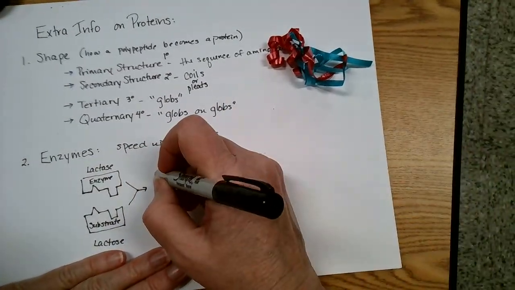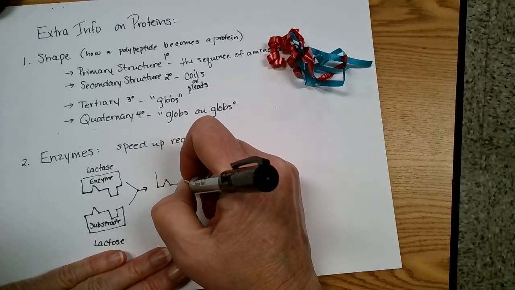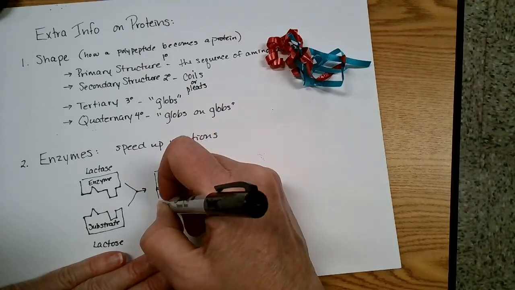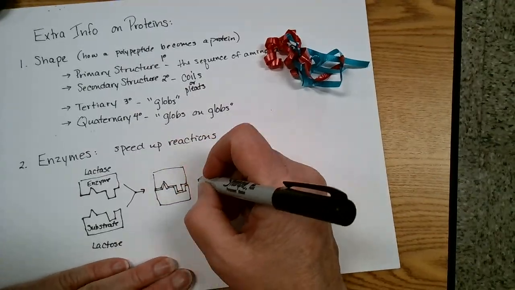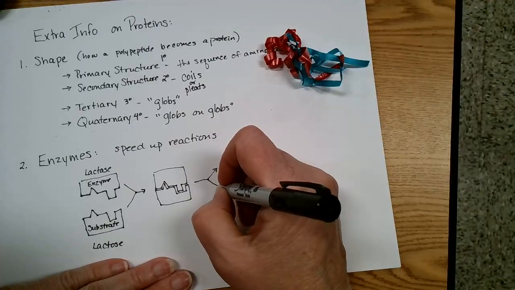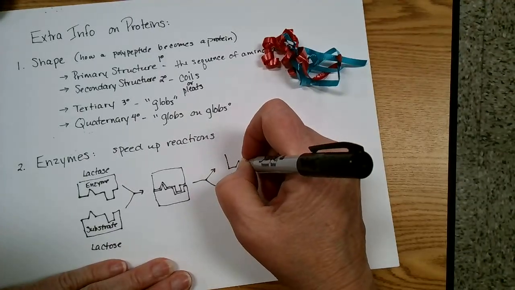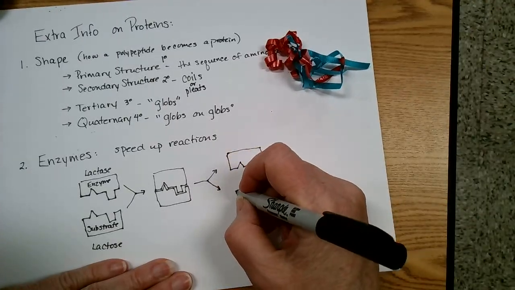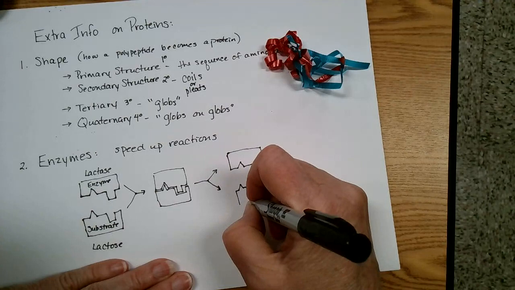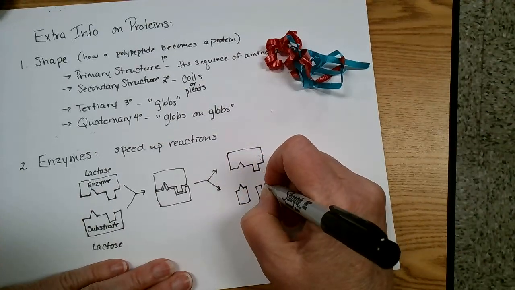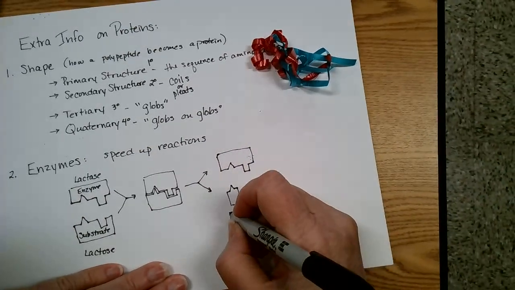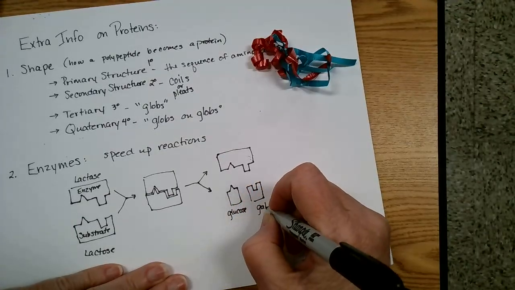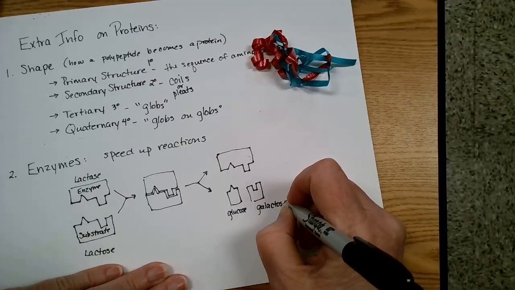They will fit together, and then when it comes apart, the enzyme remains unchanged and can be used over again. But the substrate is now broken down into this and this. This is glucose and galactose, or your products.